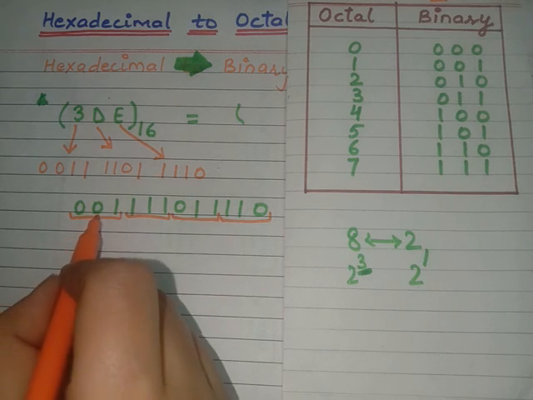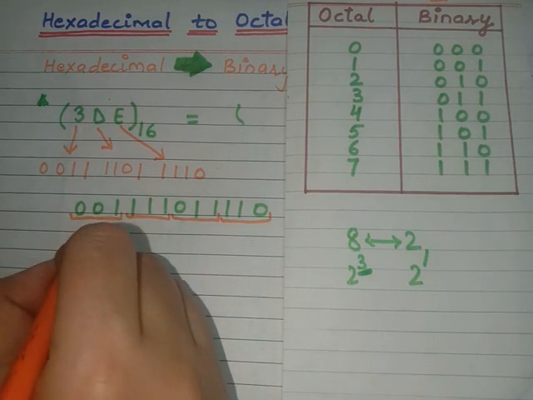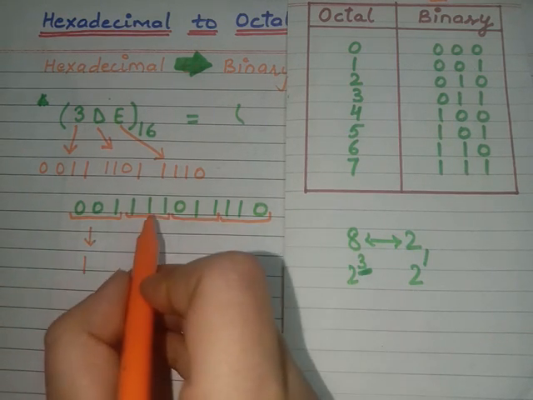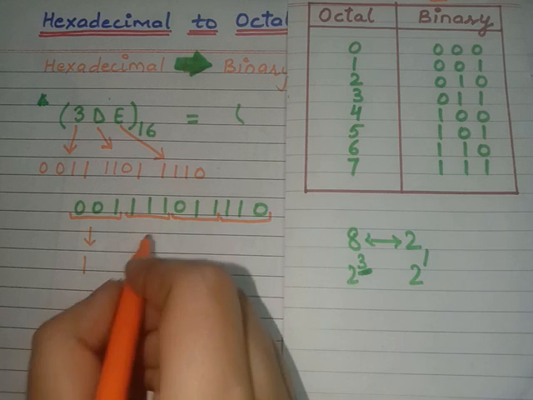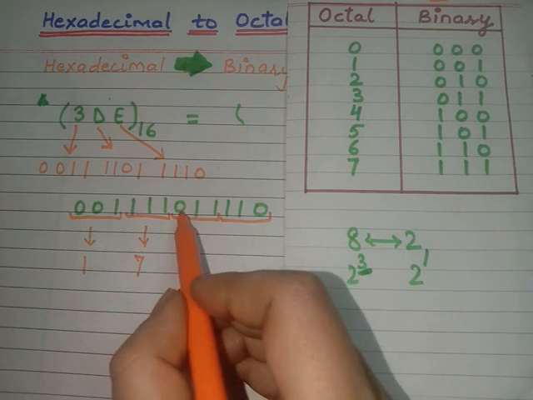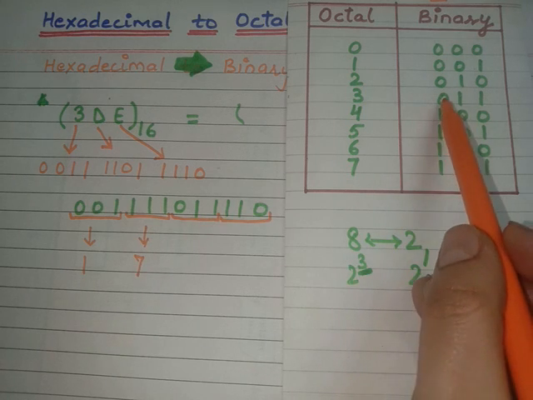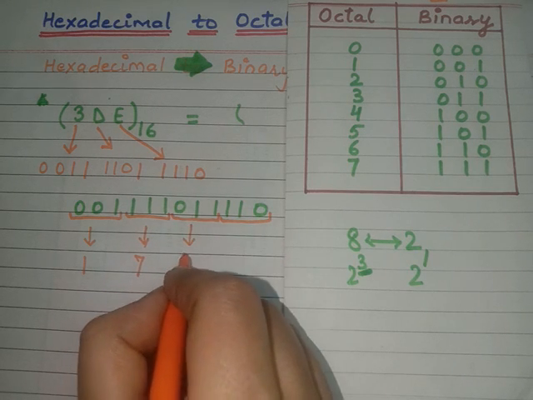So 001 is for 1. I will be writing here 1. The next group is 111. 111 is the code for 7. I will be writing here 7. Next is 011. 011 is the code for 3. So this is 3 over here.